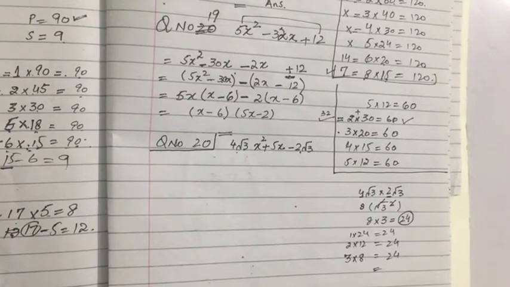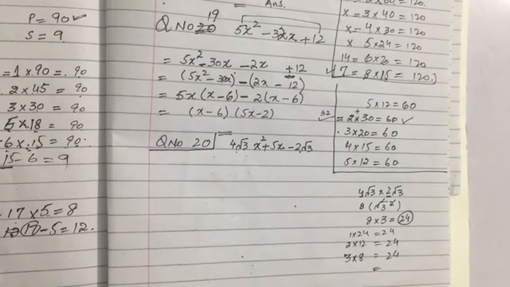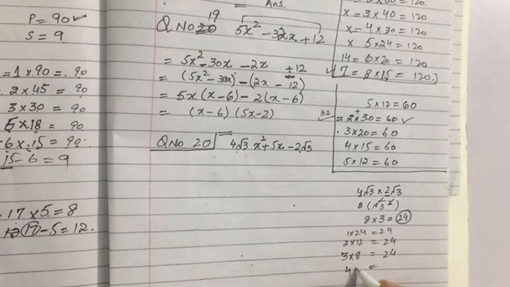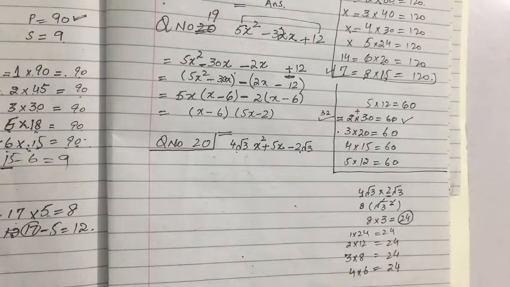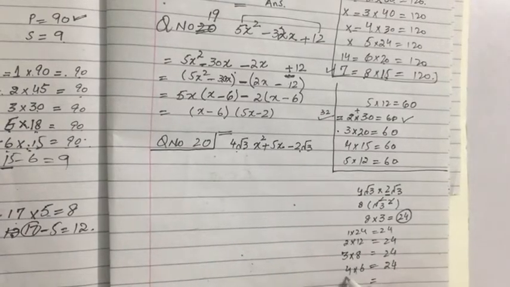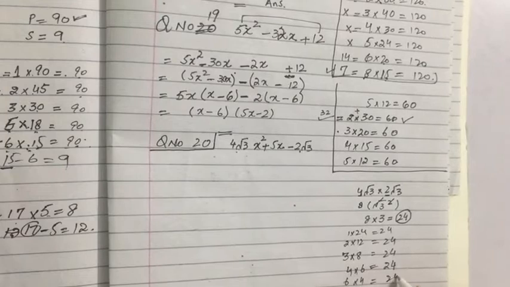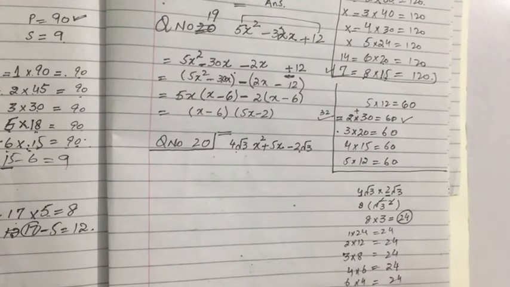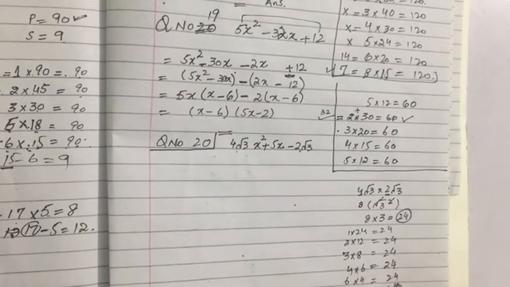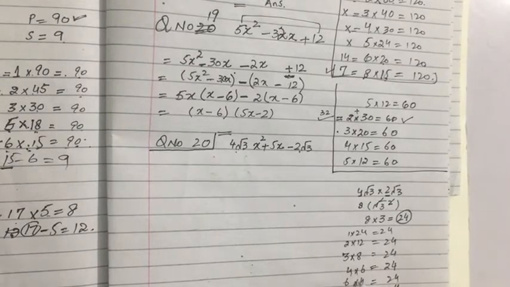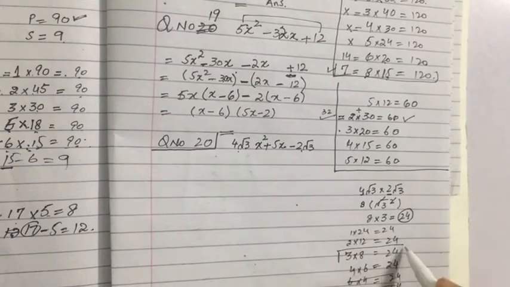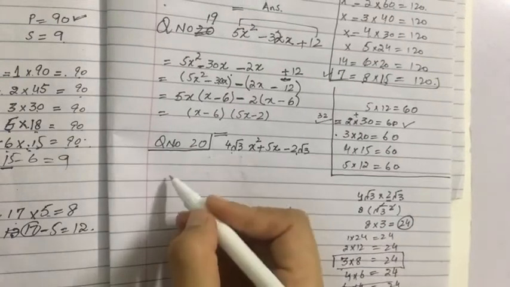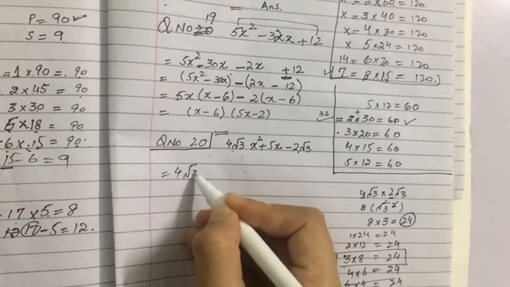Okay, yes, I have got the answer, but I will write the other factors also: 4 times 6, 6 times 4, 8 times 3. I will pick either. I do not need all of these because I have got this one. Let me explain how.